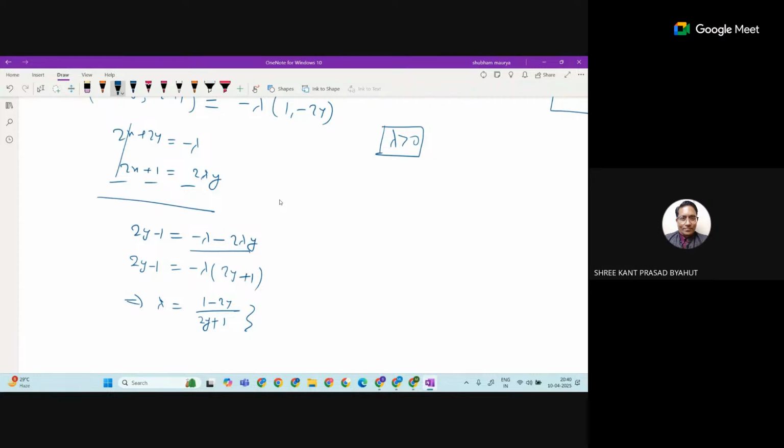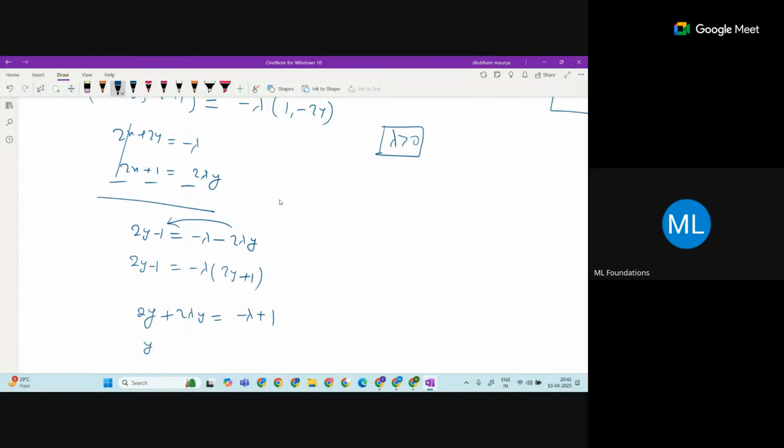To get y in terms of lambda, put the value of y in the first equation, and in another equation get the value of x in terms of lambda. Then put the value of x and y in the third equation to get the value of lambda. So 2y plus 2 lambda y is equal to minus lambda plus 1.